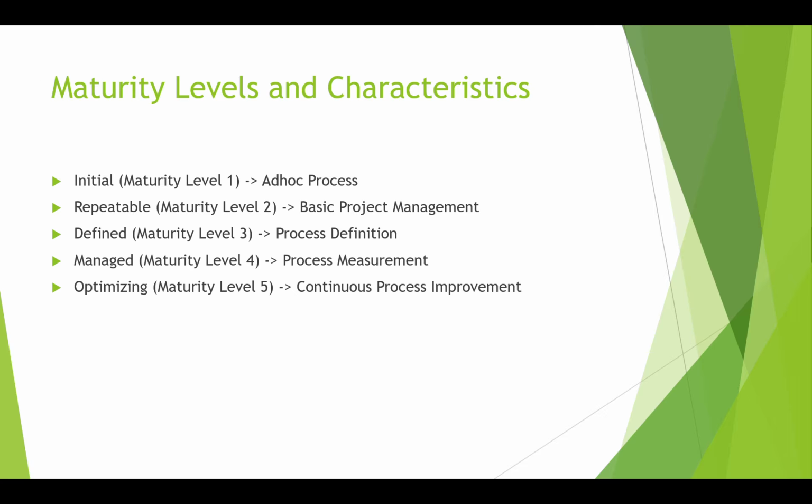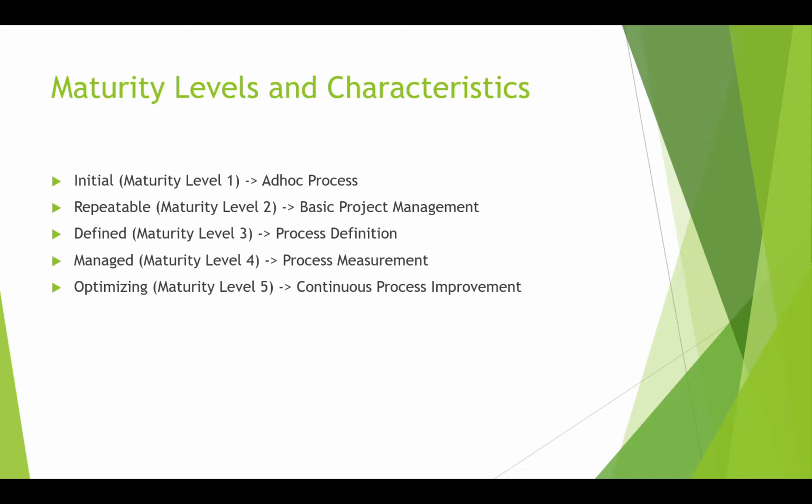Initial is related to ad hoc processes, repeatable is related to basic project management, defined is related to process definition, managed is related to process measurement, and optimizing is related to continuous process improvement.